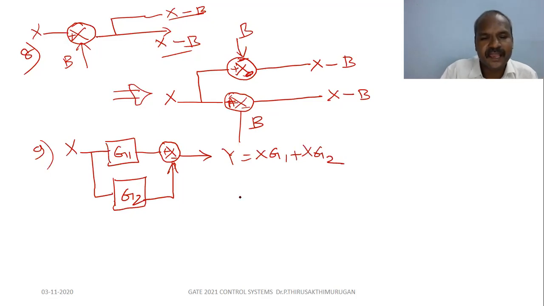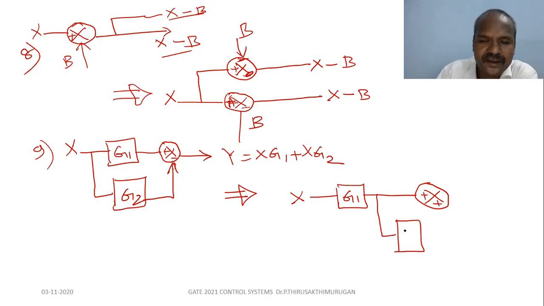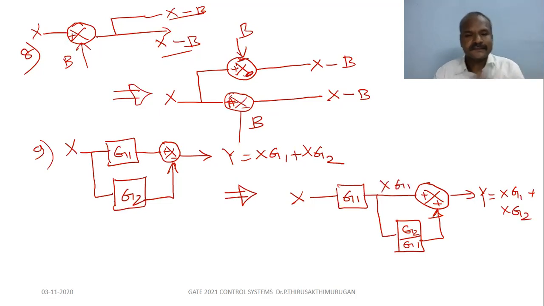So this can be modified as X of G1. Okay. From this point, you can have a divider, G2 by G1. G2 by G1. Then we can add. So Y equal to XG1 plus XG2. Here XG1.